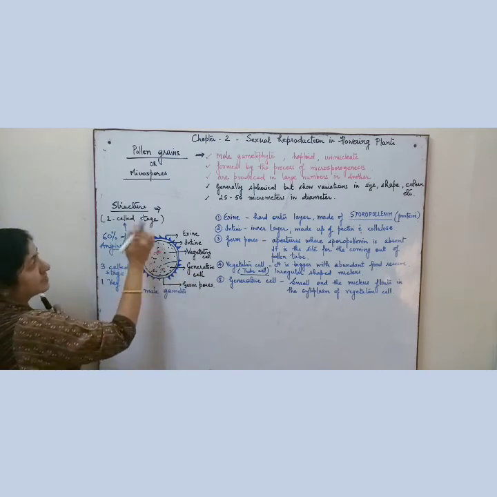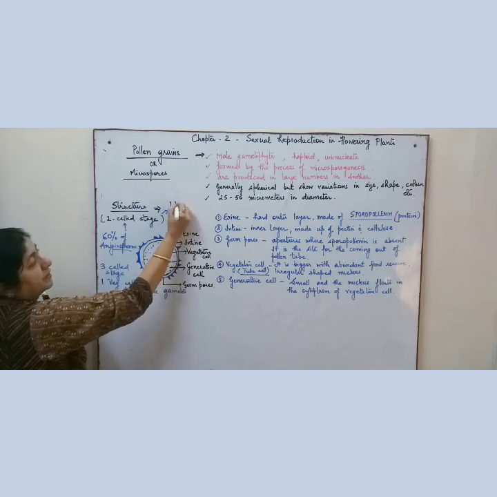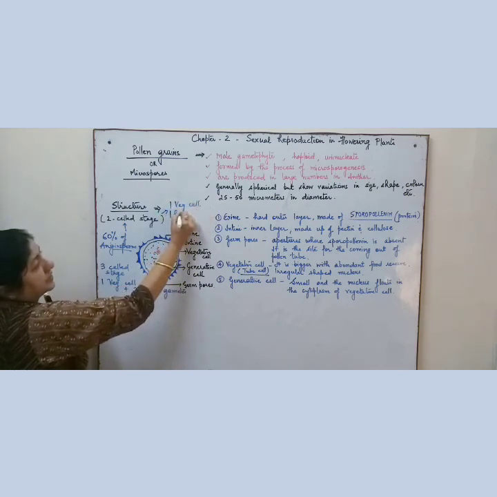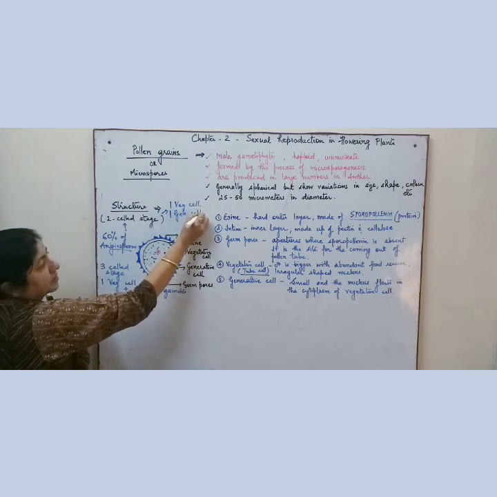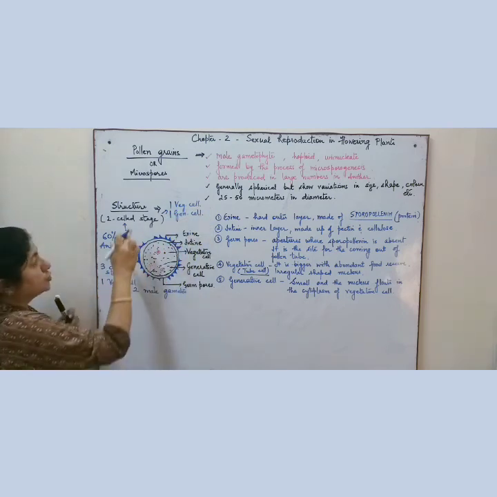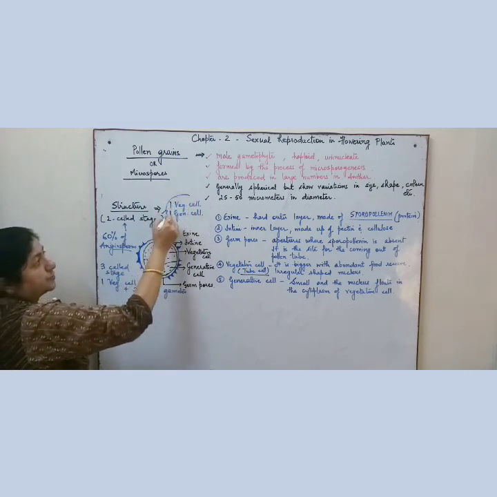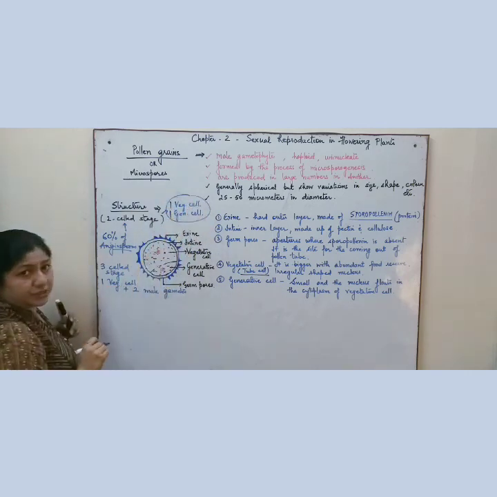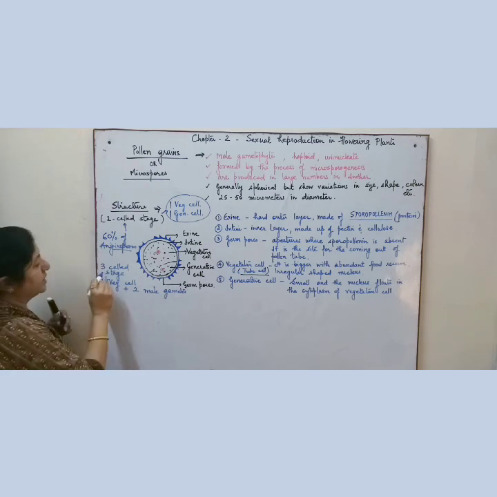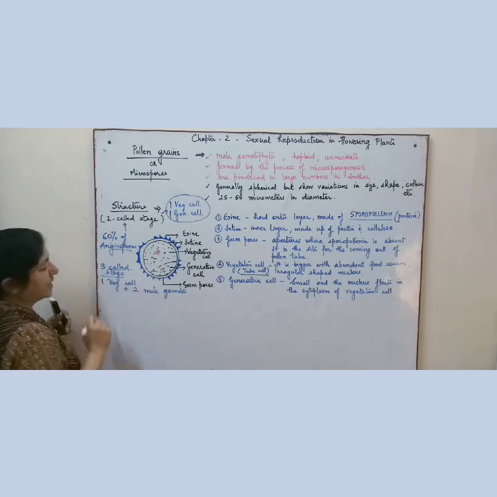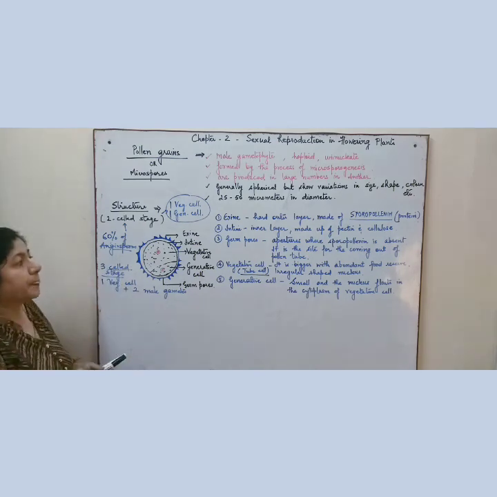The two cell stage will have one vegetative cell and one generative cell, or the male gamete. So, 60% of the angiosperms have the two cell stage release of pollen grains, whereas a few species have the pollen grain release at the three cell stage.